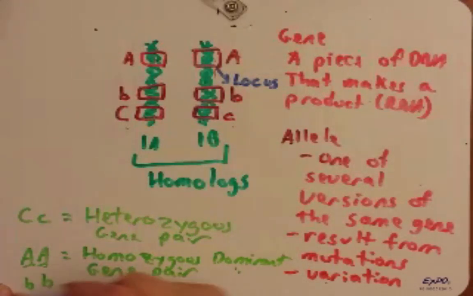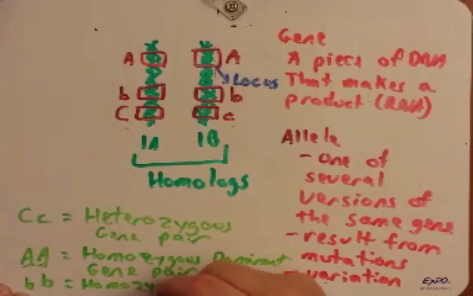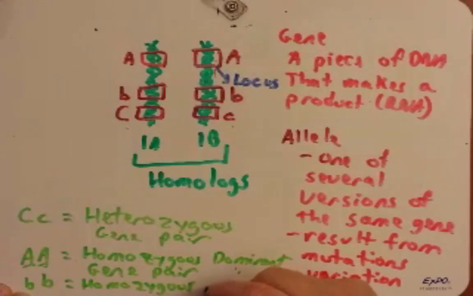Little b, and I'm running out of room here, but let me write it down. This is an example of a homozygous recessive gene pair.